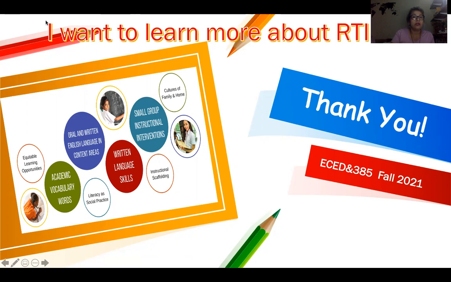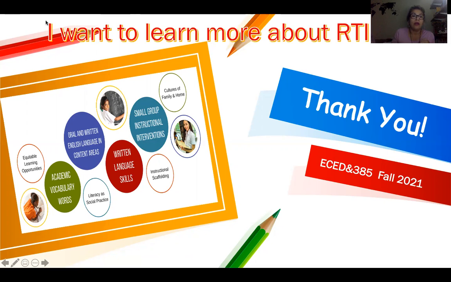It's a kind person telling them they matter, they are important. This is what we are here for. So equitable learning opportunities for all children, academic vocabulary words is what they can learn, but also if we nurture students, they will do all this faster.